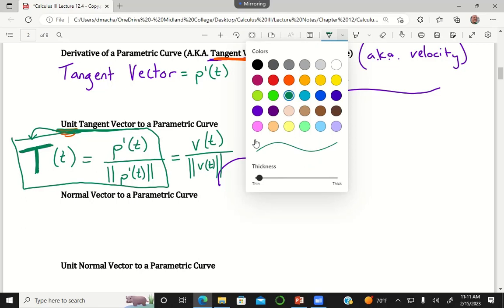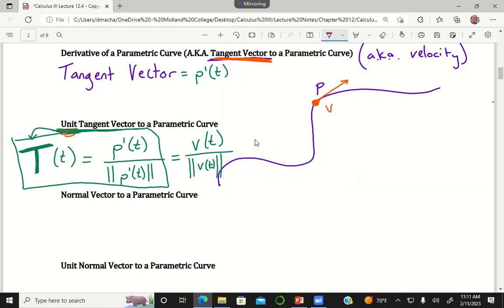The next vocabulary word over here is the normal vector. So whenever we are talking about a surface, the normal vector was just a vector that was orthogonal to the surface. When we were talking about planes in 3D space, the normal vector was just orthogonal to the plane.